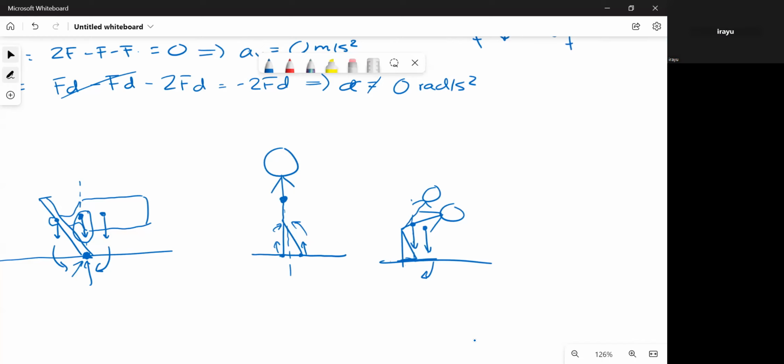Question 11. Okay. Is loading. Rods are free to rotate.